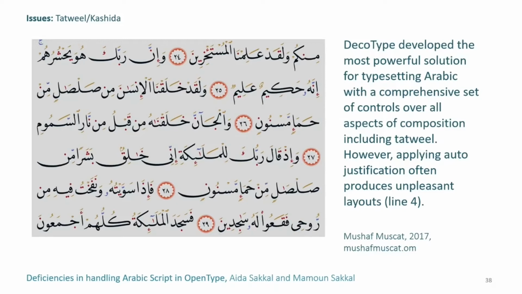As you can see here, for example, on line 4, 1, 2, 3, 4, 5, 6, 7 tatweels are stacked next to each other, creating an open line within the page of text. And this is true in almost every page of this otherwise excellent Quran.